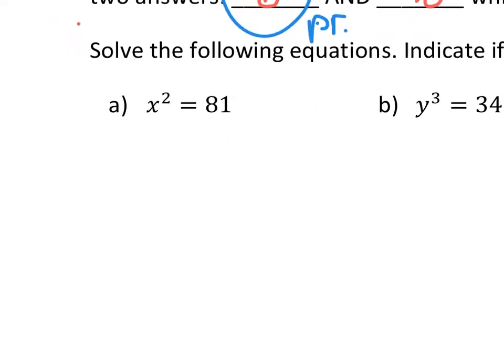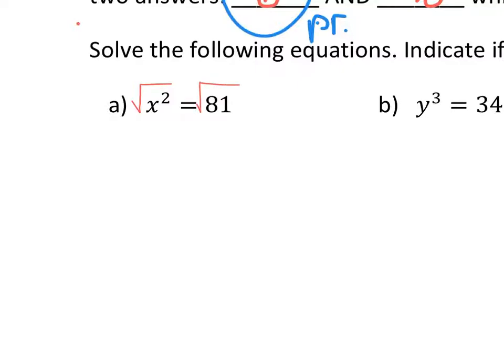Letter A. We'll start off nice and easy. We have x squared equals 81. Well, if squaring and square rooting are inverse operations, and to solve equations we have to do inverse operations, what I'm going to do here is square root both sides.